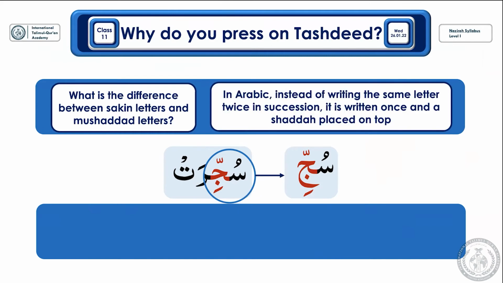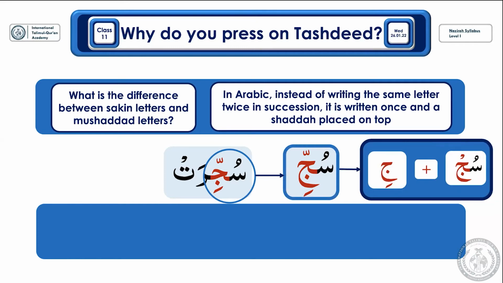In Arabic, instead of writing the same letter twice in succession, which means one after another, it is written once and a shadda placed on top. So this here is actually this, a vowelled seen with a sakin jeem and a jeem with a kasra. What's inside of that blue outline box is actually in practice what you see there on the right hand side.